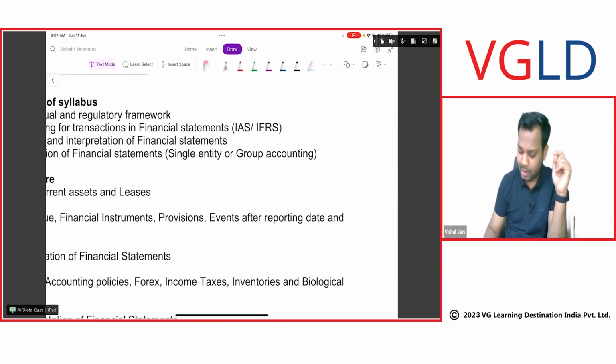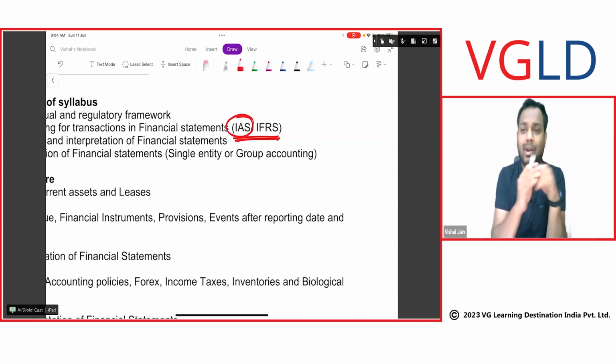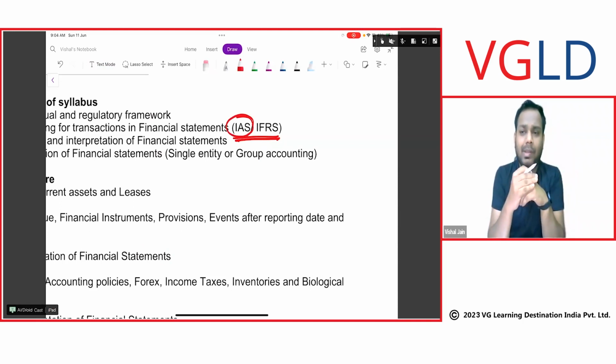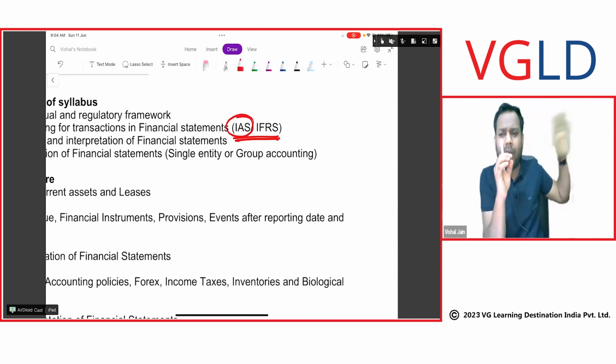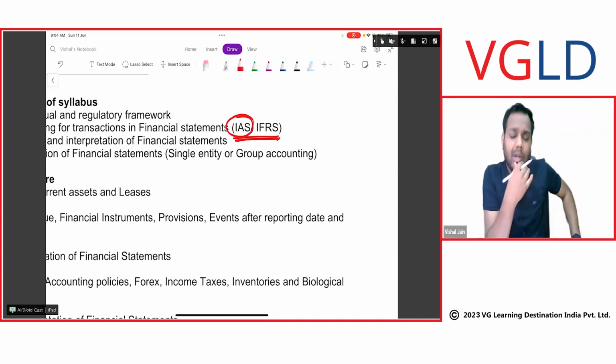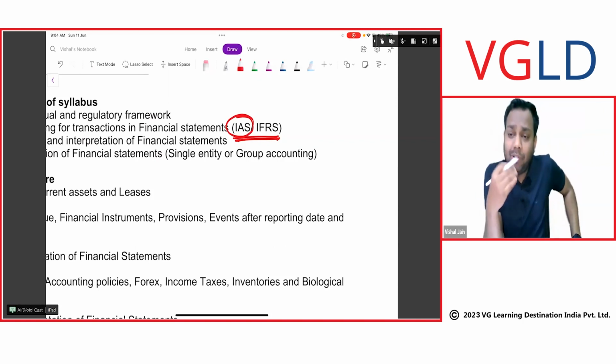I just want to discuss the meaning of IAS and IFRS. IAS, International Accounting Standards, was initially set up, but the standard setting board found that these standards were set up very early, like 30 or 40 years back. So they need to be revised.